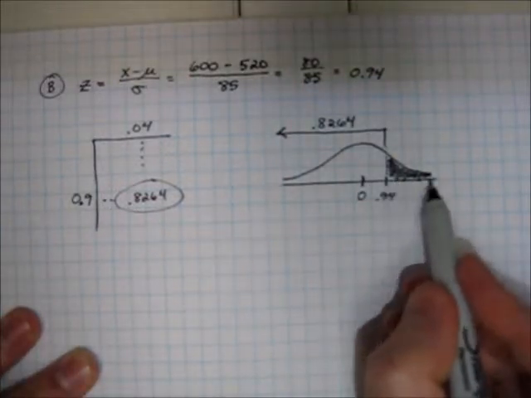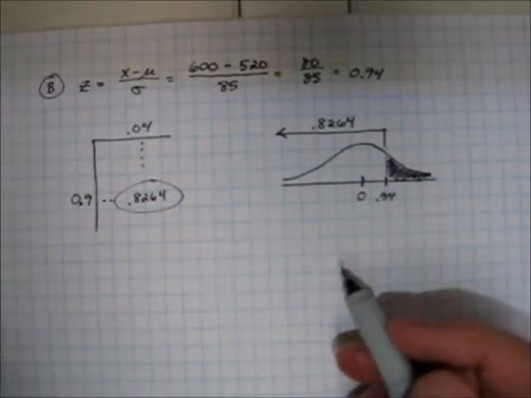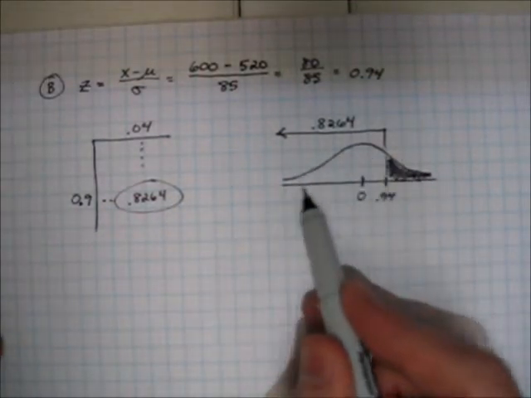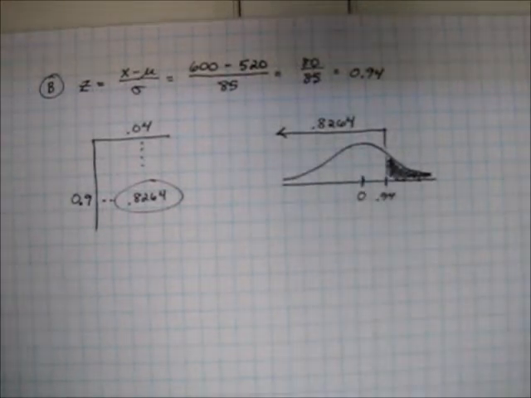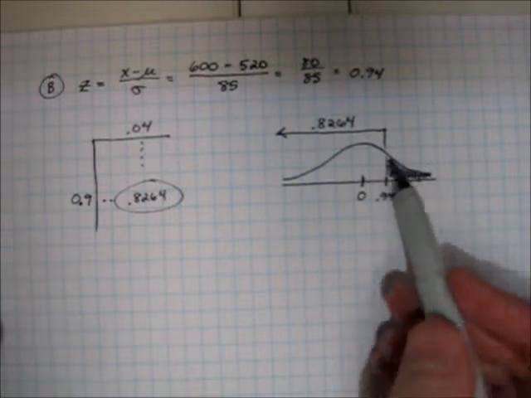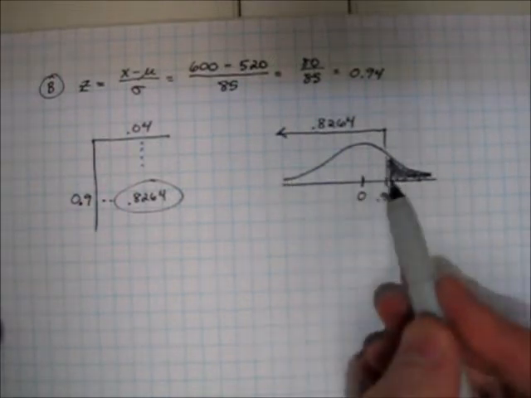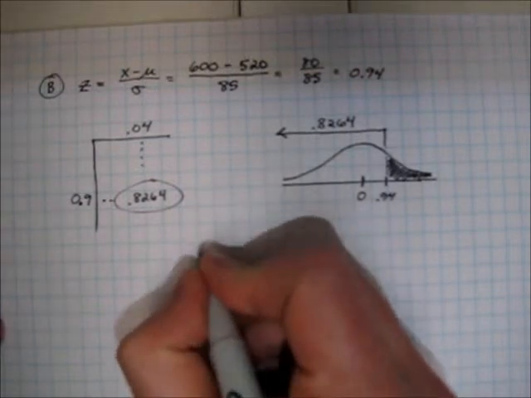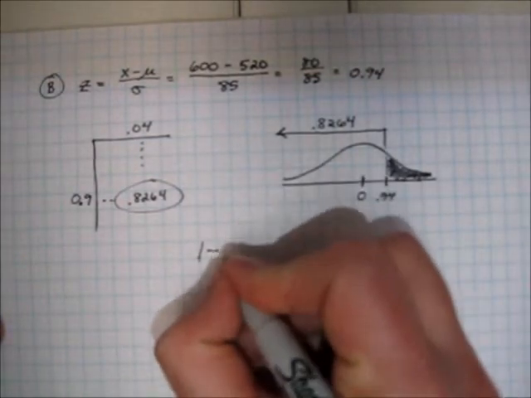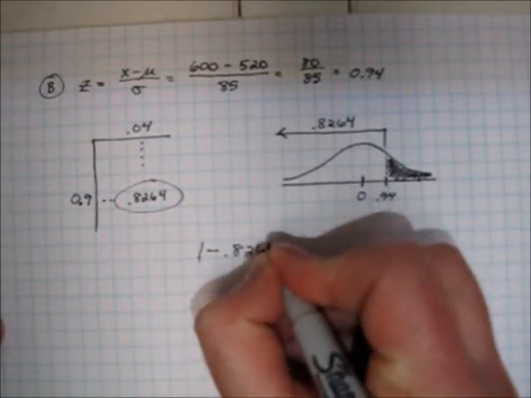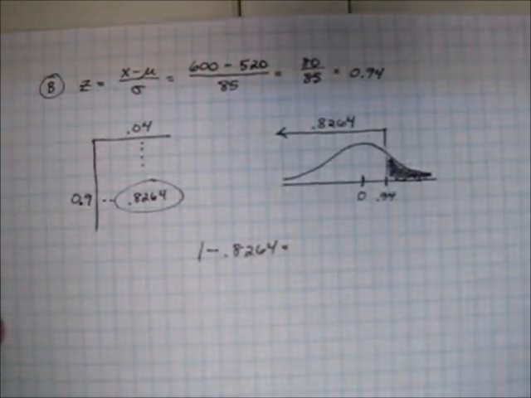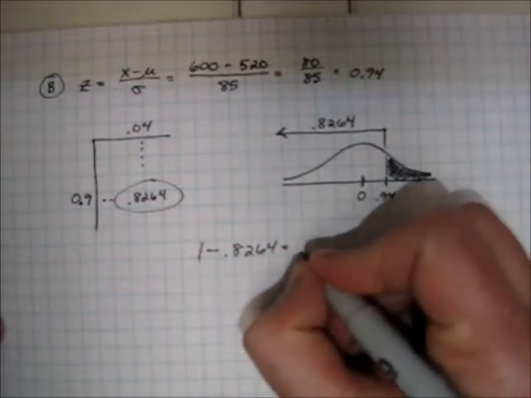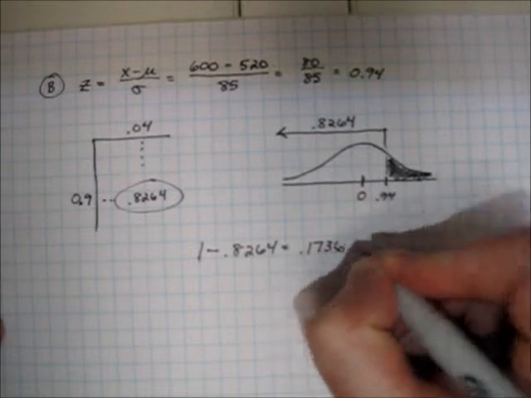But I really want to know what's to the right. Well, this is where the fact comes in that there is one whole amount of students underneath this particular bell curve. So if 0.8264 is to the left and I want to know what's left over to the right, I take my value of 1 and subtract 0.8264, and that gives me 0.1736.